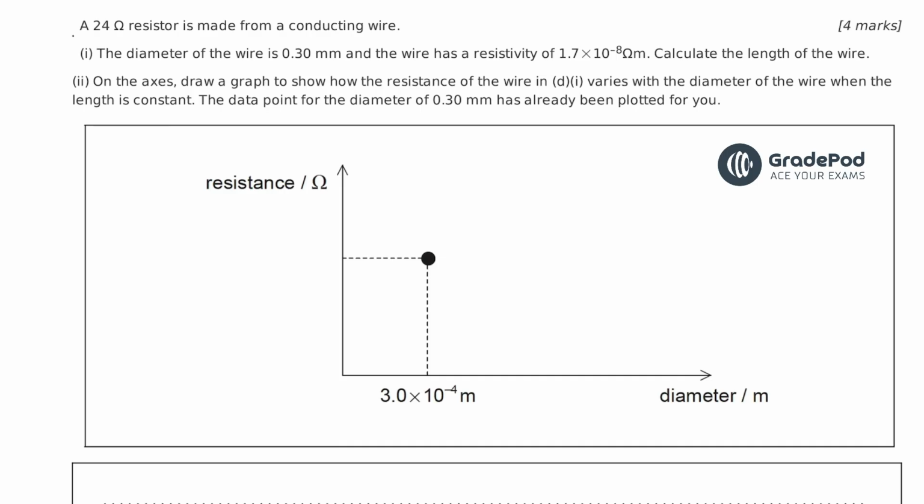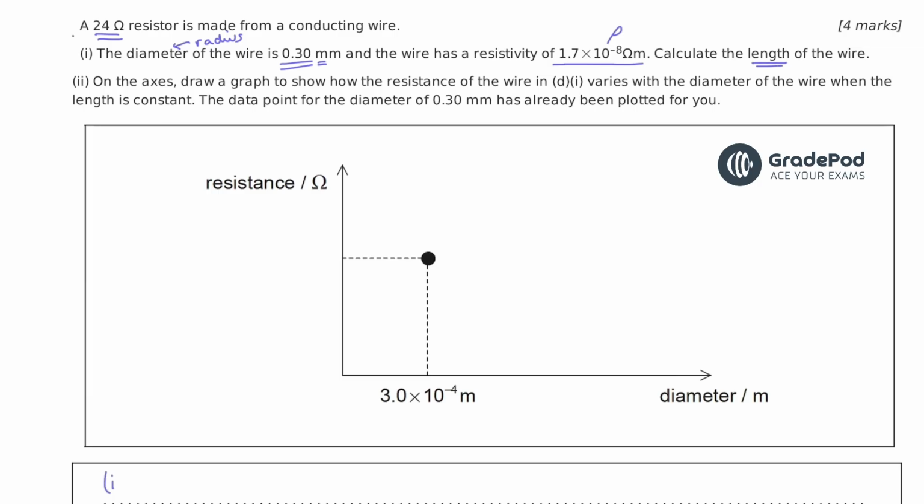A 24 ohm resistor is made from a conducting wire. The diameter of the wire is 0.3 millimeters. Again, that diameter, we usually use a radius, so we're probably going to have to convert that to radius at some stage. It has a resistivity of 1.7 times 10 to the minus 8 ohm meters. Calculate the length of the wire.